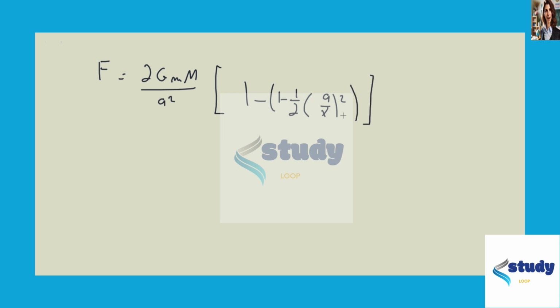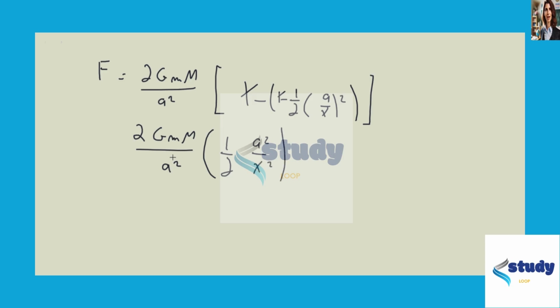So a lot of parentheses in there. These ones are going to go away, and we'd be left with just a plus this 1/2 term. So we have 2 G m M over a squared, then multiplied by 1/2 a squared over x squared.